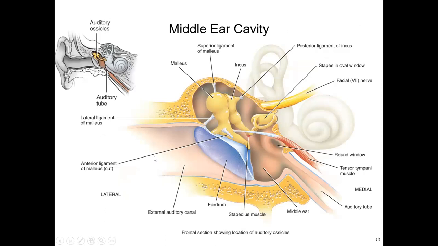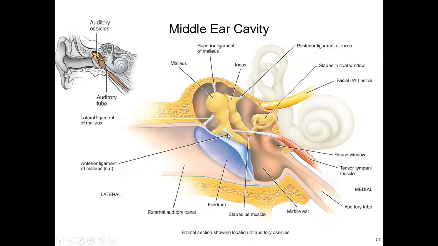Switching on to the middle ear, this is a lot more elaborate view than what we see on the model. Nonetheless, the very basic point is that once the eardrum vibrates, we use 3 auditory ossicles to take this vibration all the way to the inner ear. So the middle ear is kind of a middleman, and you see the hammer attached to the eardrum.